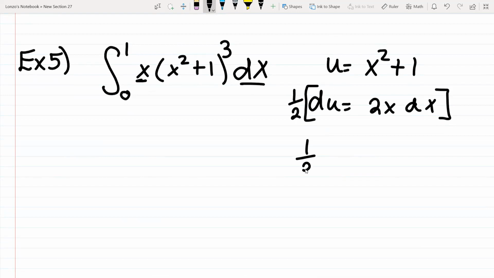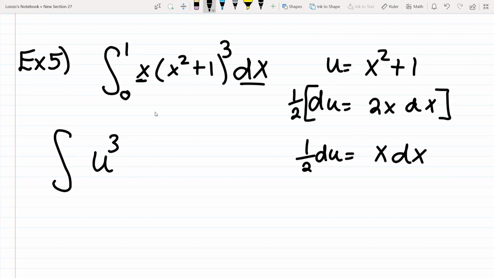So that's 1/2 du. And then on the right, 1/2 times 2, that's x dx, correct? So you can replace x squared plus 1 as u to the 3rd, and then you can replace x dx as 1/2 du.